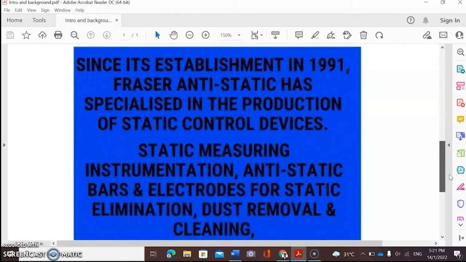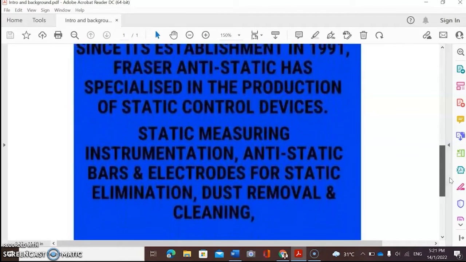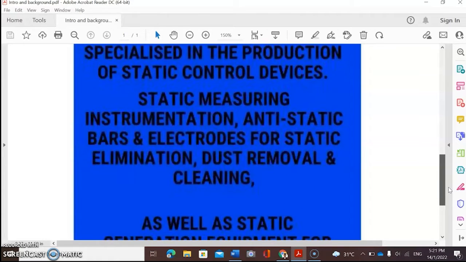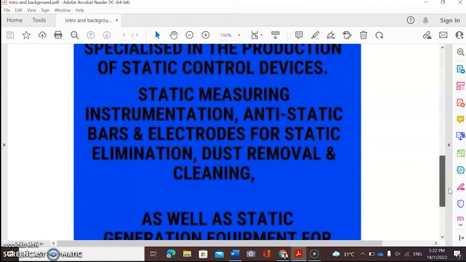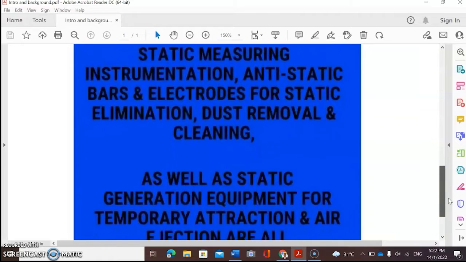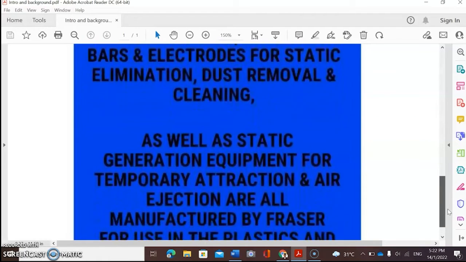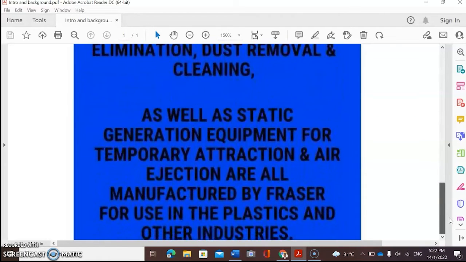Anti-static bars and electrodes for static elimination, dust removal and cleaning, as well as static generation equipment for temporary attraction and air ejection, are all manufactured by Fraser for use in the plastics and other industries.